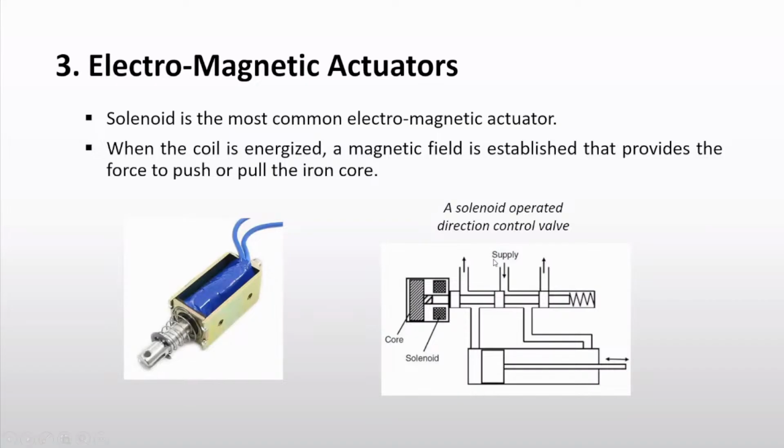In this case we are using the electromagnetic actuators. This movement is used to change the direction of the supply. So we can say these solenoids can operate as directional control valves.